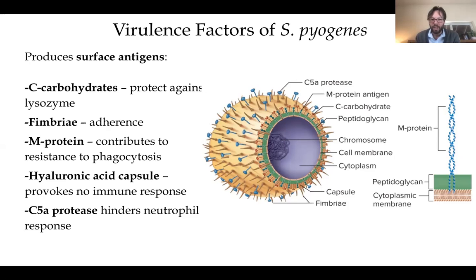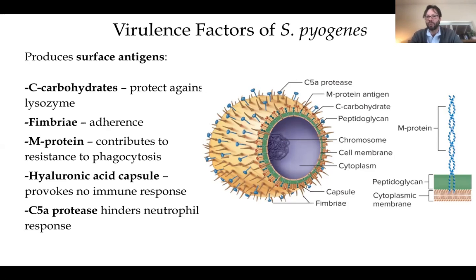Hyaluronic acid allows it to go under the radar of the immune response altogether. And then the C5a protease. What's a protease? It breaks down protein. It's going to combat the neutrophil response.